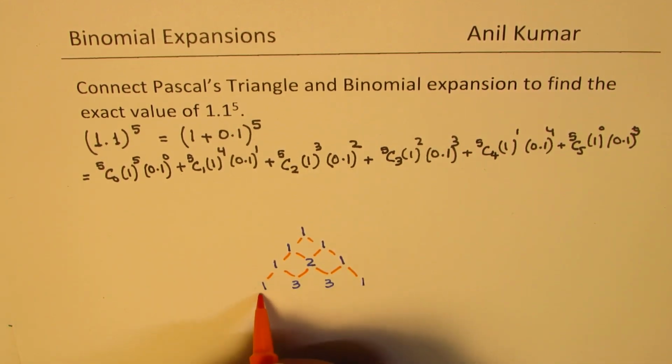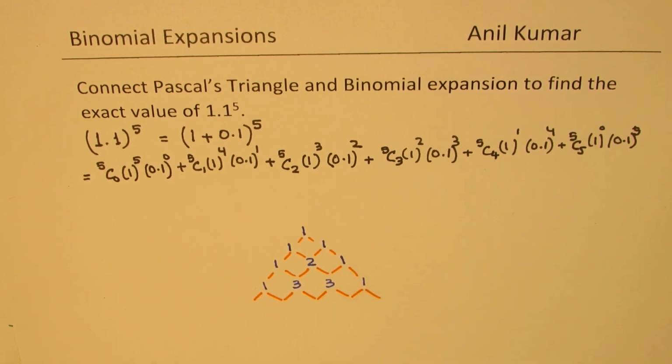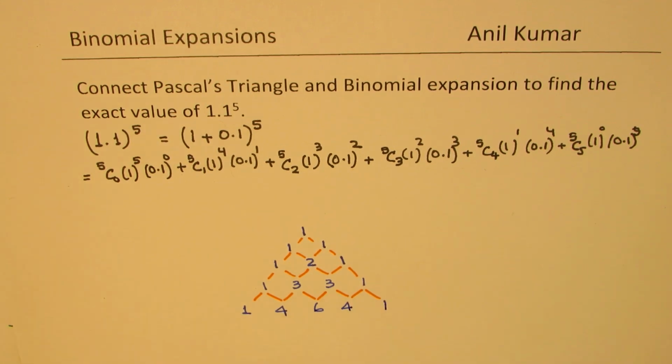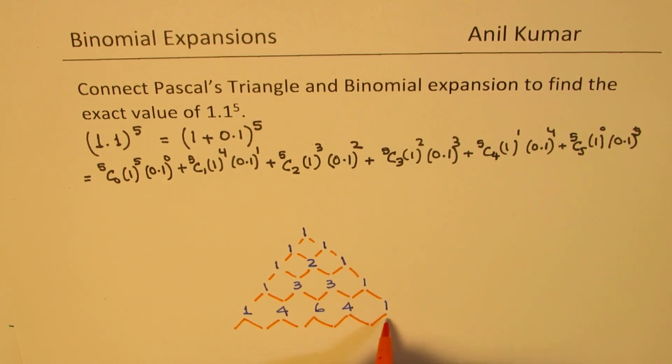And then we get the fourth row as 1, and this becomes 3 plus 1 as 4, 3 plus 3 is 6, 4 and 1, and the fifth row, which is 1, 4 plus 1 is 5, 4 plus 6 is 10, 10, 5, and 1.